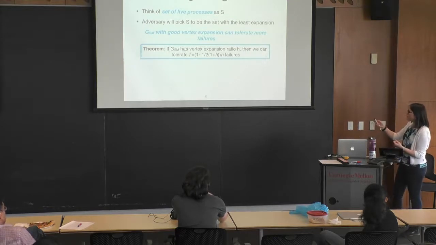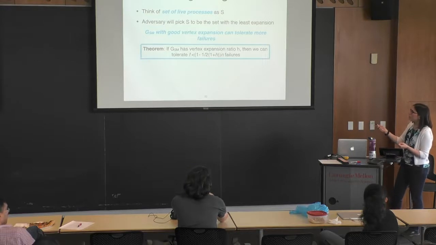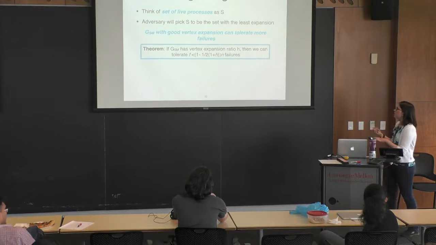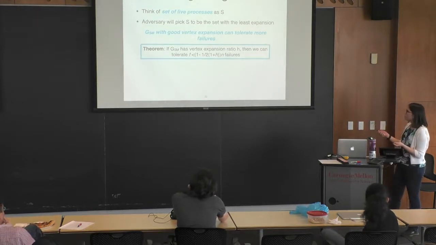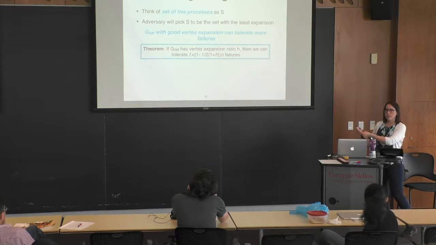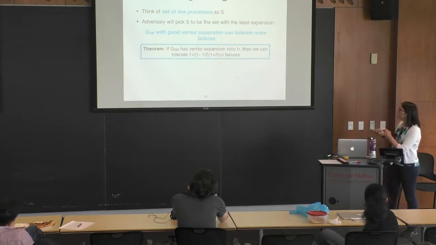And so we have this theorem, and the general takeaway is that if our shared memory graph has good expansion, then we can tolerate many failures. This theorem formalizes it to give you an expression of the relationship between the number of failures that we can tolerate and the graph expansion h.